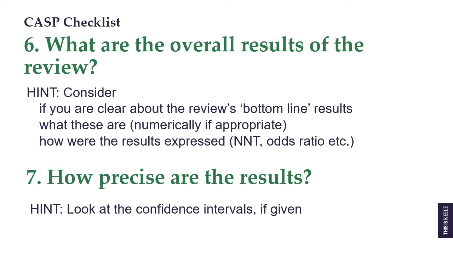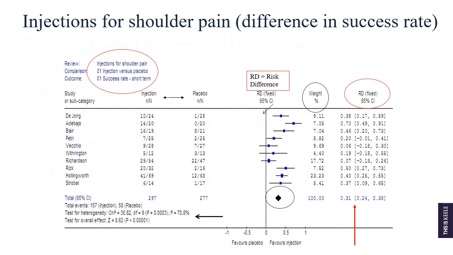So questions 6 and 7 are about the results and how precise they are. Going back to the previous forest plot that we had, here we can see the combined risk difference was 0.31 with 95% confidence intervals of 0.24 to 0.38.